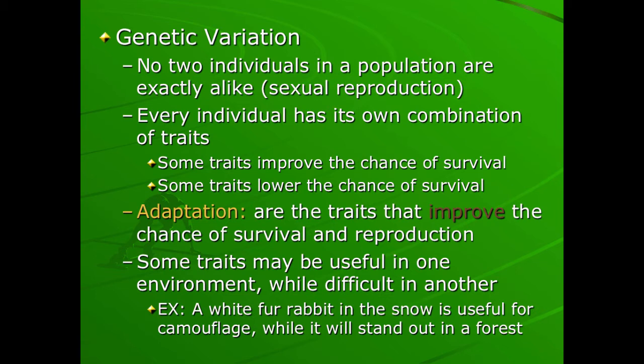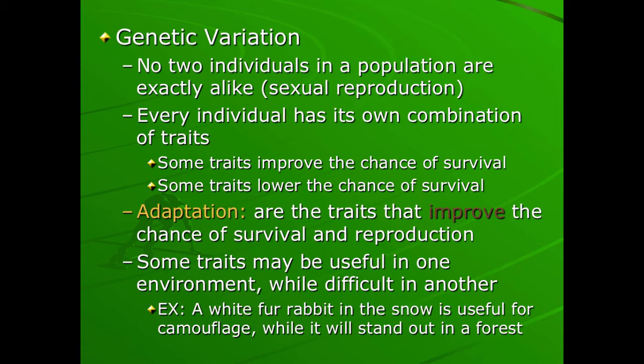If an organism has a particular trait that is adapted to the environment, it helps that organism to survive. It could be like we talked about earlier. It could be to live longer, to get better resources, to camouflage, to hide, to seek out food better. Whatever it is, it improves their chance of survival.